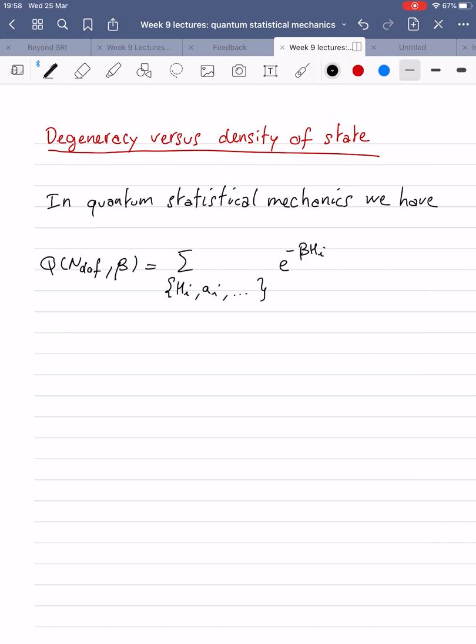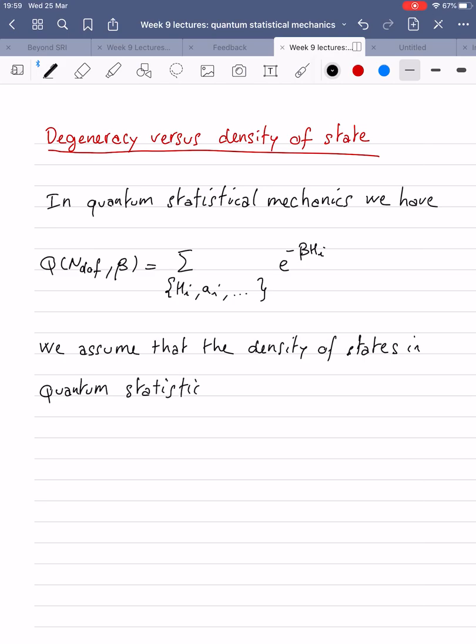So what we are going to say is that we assume that the density of state in quantum statistical mechanics can be obtained from the fundamental connection.